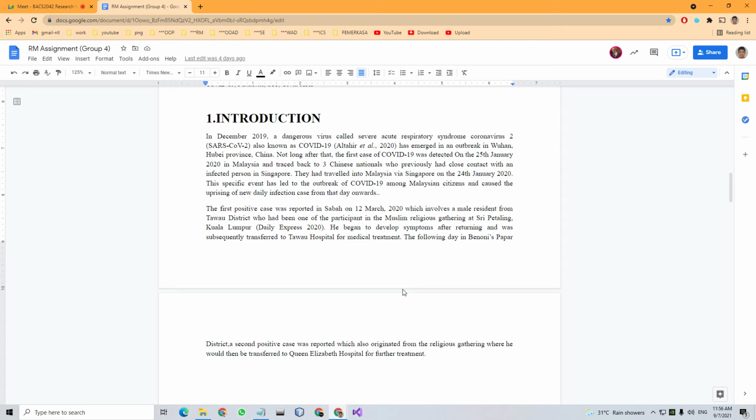For each section of your article, you can refer to the article that we use in our practical or any other article. For this assignment, there are a few sections that need to be included in your research paper. For this group, it's quite good already because you have started to write your framework.